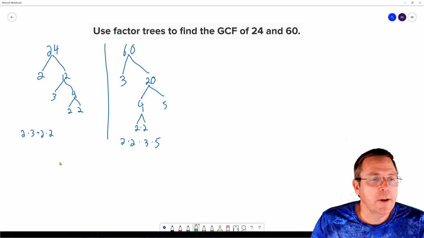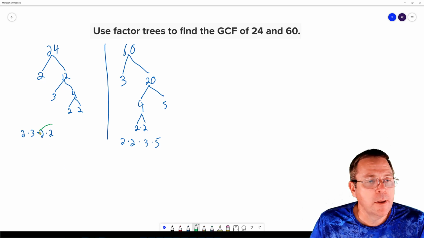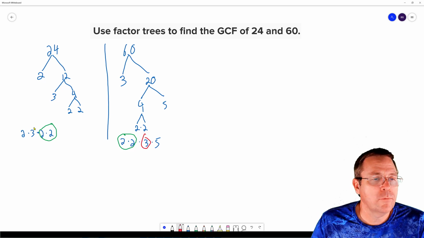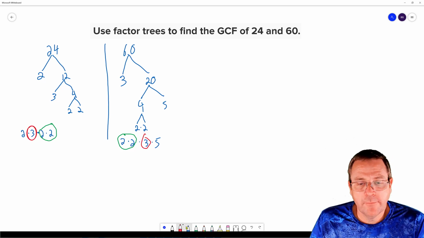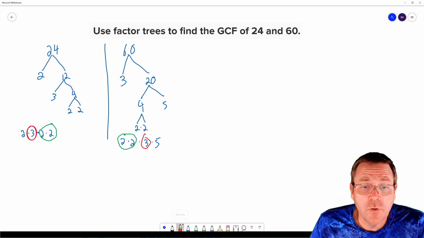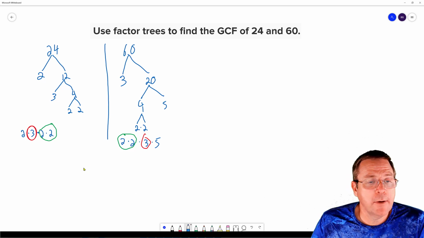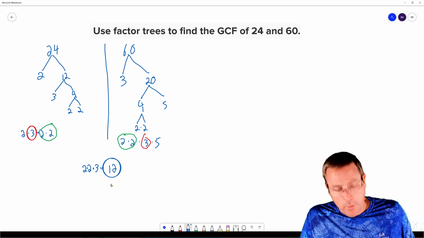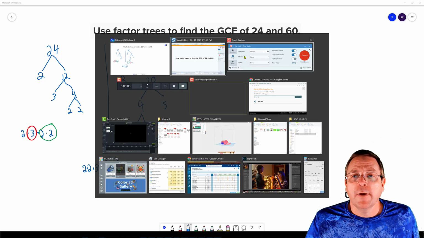When you go to find out what they have in common, they share 2 2's and they share 1 3. So the greatest common factor, something they didn't really show you in that last example, which they should have, is you take out what they share. 2 times 2 times 3. 2 times 2 is 4. 4 times 3, that's going to be 12, making 12 your greatest common factor.